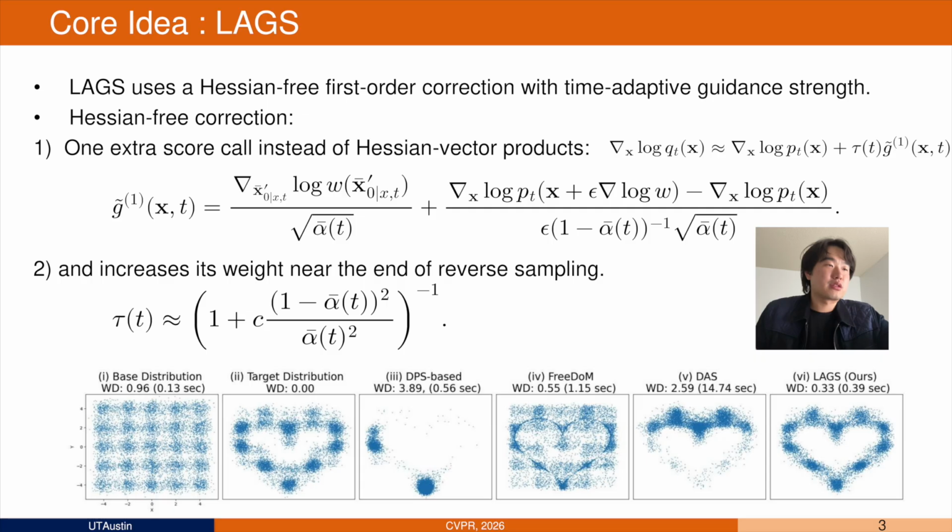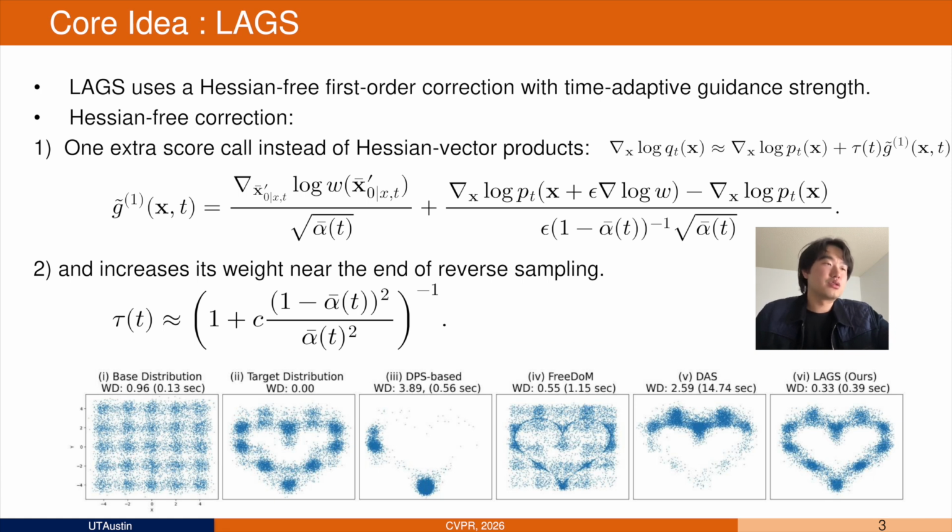A direct computation of this guidance can require Hessian vector products or expensive backpropagation through the score model. LAGS avoids this using a Hessian-free first-order approximation. So in practice, it only needs one more score call, but not Hessian computation.